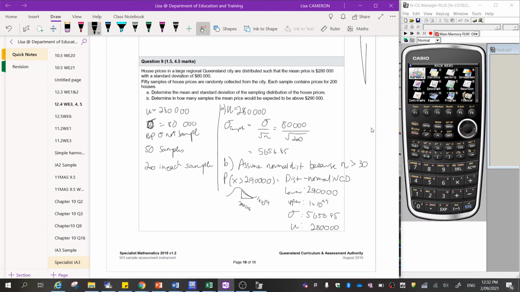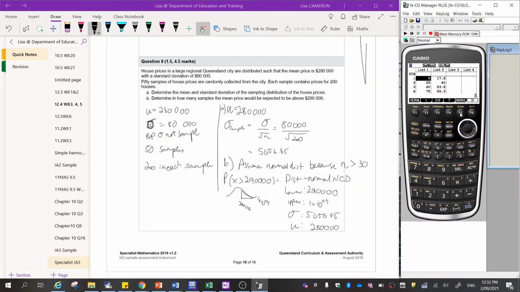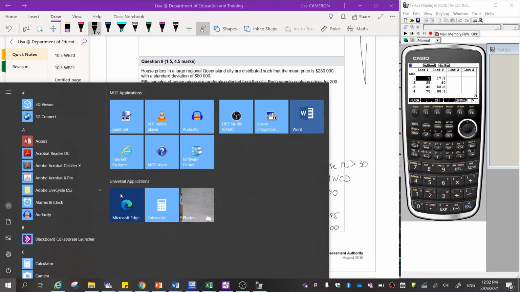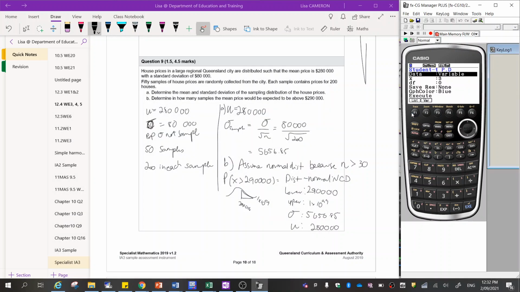If I knew how to edit, I'd cut that bit out. Okay, so now we've got statistics, execute. Distribution, we assumed that it was normal. Okay, try that again. Distribution, normal. NCD, the computer is clicking around wildly.